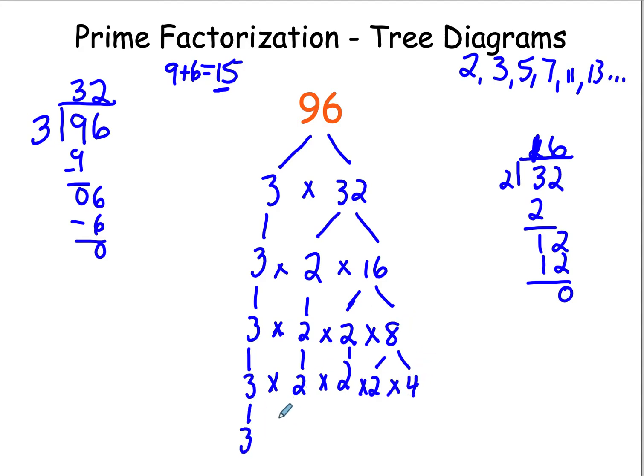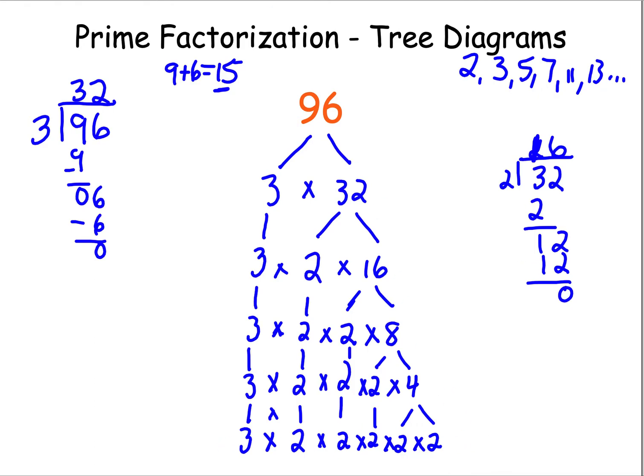Bring down my 3 times 2 times 2 times 2, and then I would split my 4 into 2 times 2. Now I have all prime numbers.